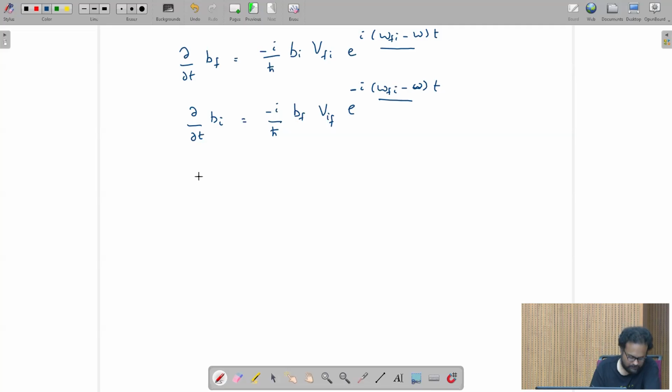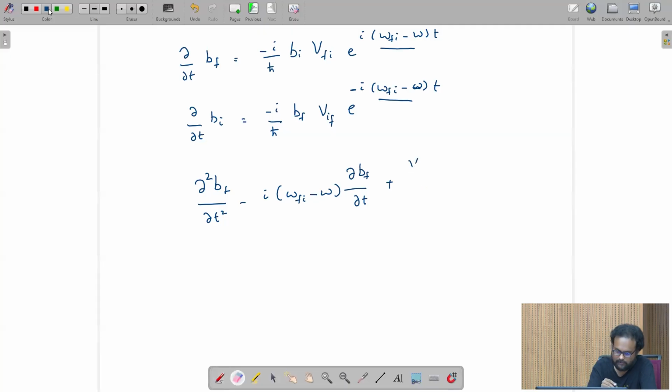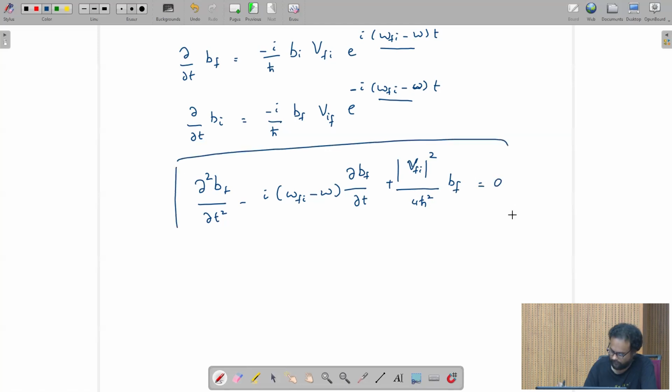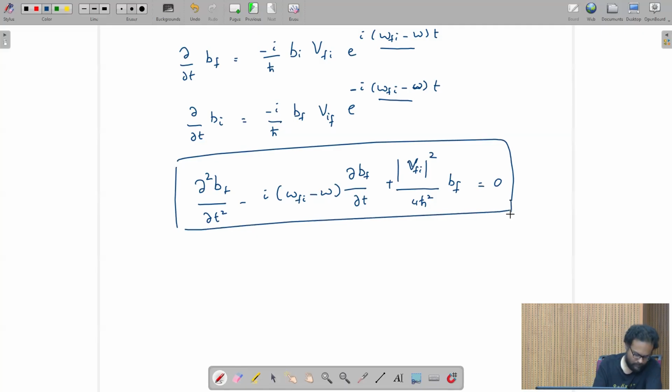Basically, it's a second order equation which will be d squared f over dt squared minus i omega_fi minus omega_d, df over dt, plus the magnitude of V squared over f, equals 0.